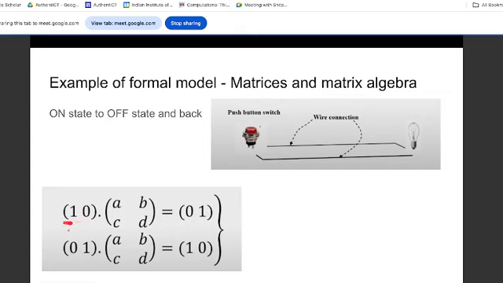We have one input side with matrix dimensions 1 by 2, and the output is also 1 by 2. That is the only reason why we picked four variables. There is no other reason why this A B C D has come up. If we were expressing the same in terms of an algebraic expression, we may have used only two variables, 1 into a plus 0 into b, if that would have satisfied the criteria.